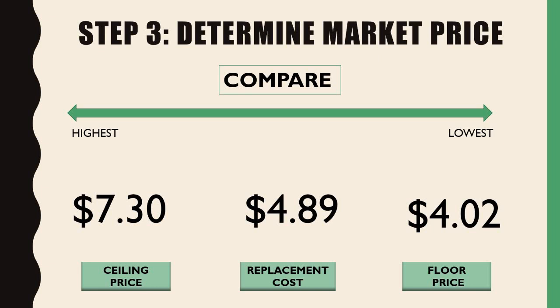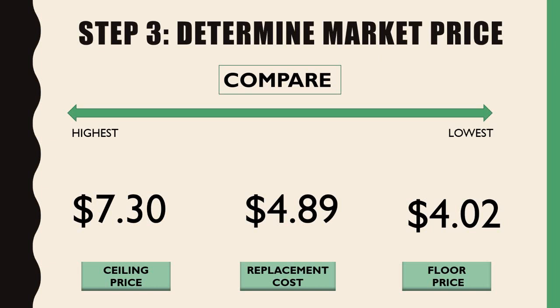Hence, if you notice, I didn't say ceiling, floor, or anything. We're looking at the highest value. If it happens to be your ceiling, then it's your ceiling. If your lowest value happens to be your floor, then it's your floor. But for any reason that it becomes your replacement, then the value you're going to choose is the one in the middle.